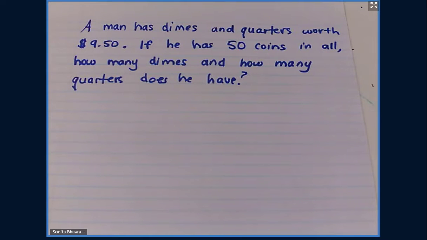All right, so our second example. A man has dimes and quarters worth $9.50. If he has 50 coins in all, how many dimes and how many quarters does he have?